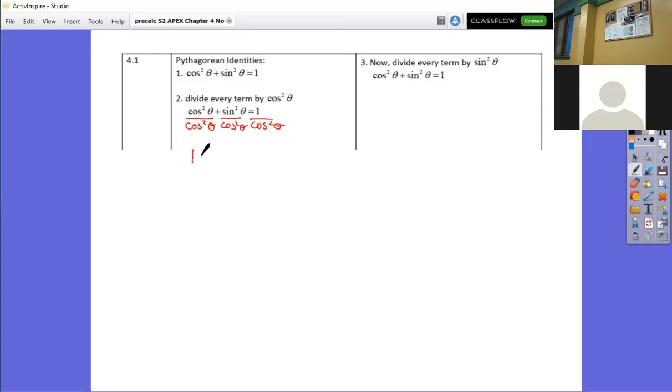What's sine over cosine? Tangent. So we have tangent squared theta equals, what's 1 over cosine squared theta? Secant squared theta. And so that's one of your other Pythagorean identities.